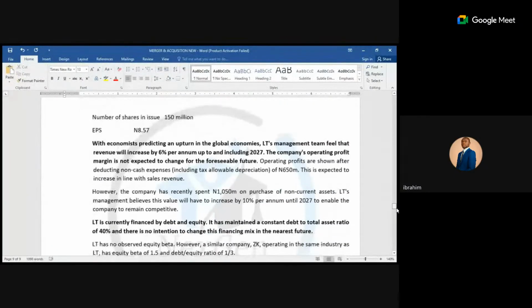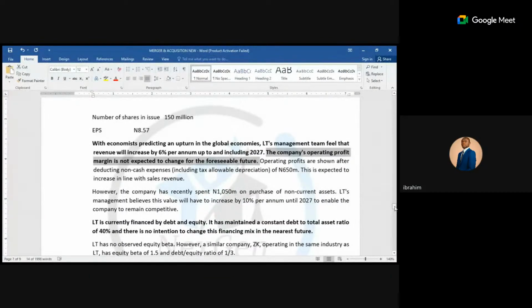But we were told that the operating profit margin is not expected to change for the foreseeable future, meaning that we need to get the operating profit margin percentage, and that percentage is what we use for our operating profit.